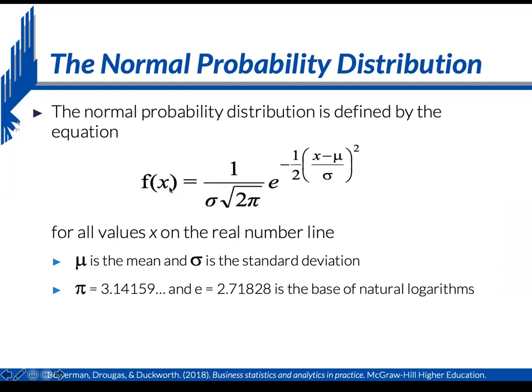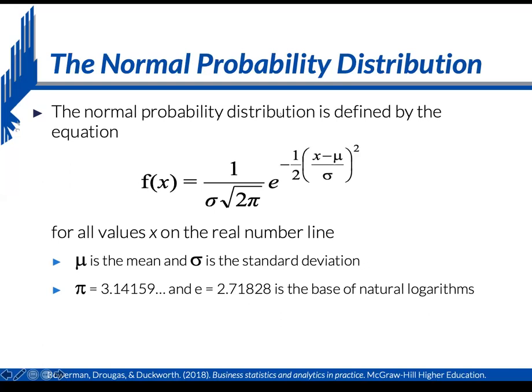Now, one specific continuous probability distribution that we are interested in is the normal probability distribution, whose f of x is equal to this equation. That's 1 over sigma times the square root of 2 pi times e raised to -1/2 times the square of x minus mu over sigma, where mu is the mean of all values of x, sigma is the standard deviation of all values of x, and then we have constants pi and e.